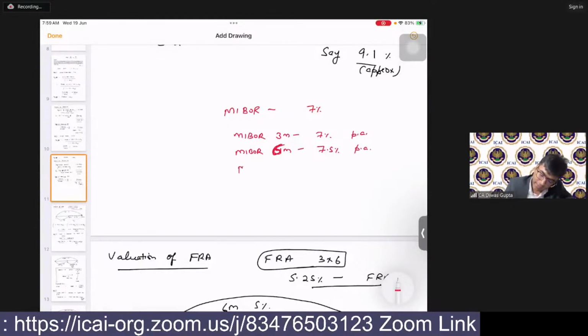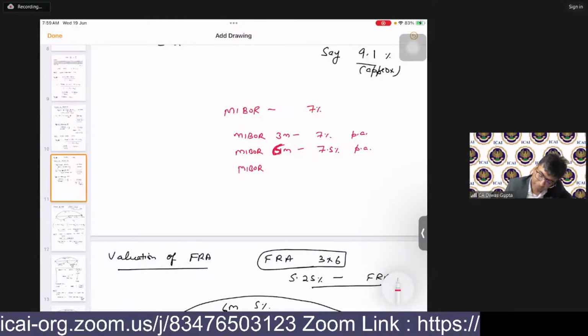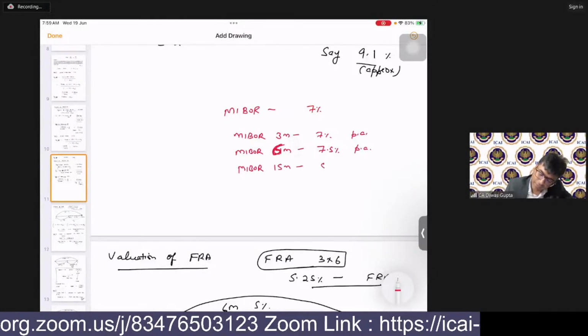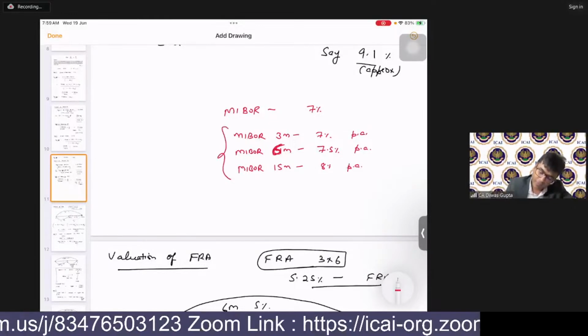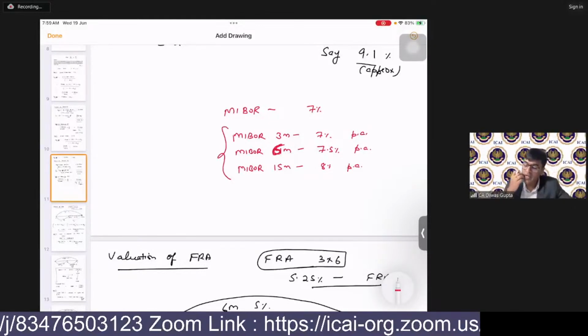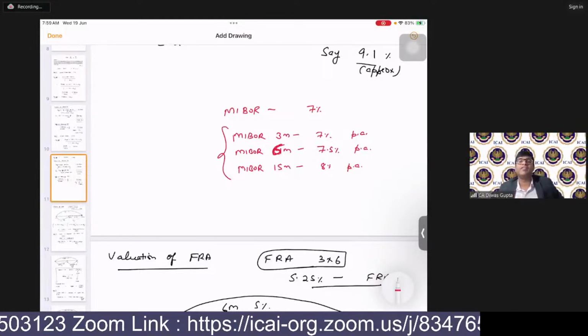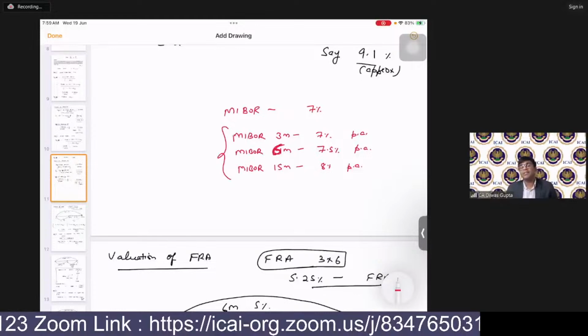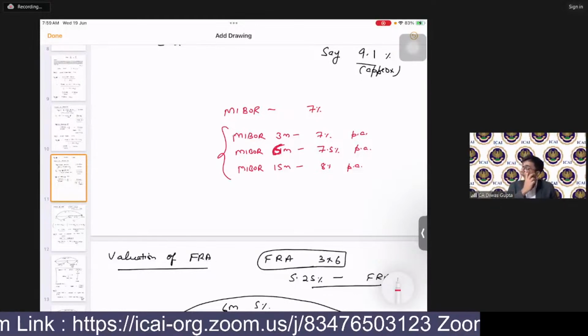Let me take another example. MIBOR 15 months, 8% per annum. So students, you would have seen, while booking any FD, fixed deposits, I'm just taking a very practical example which all of you might have seen.